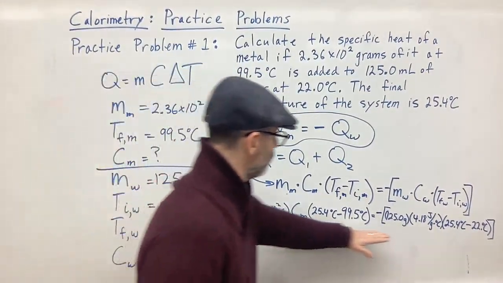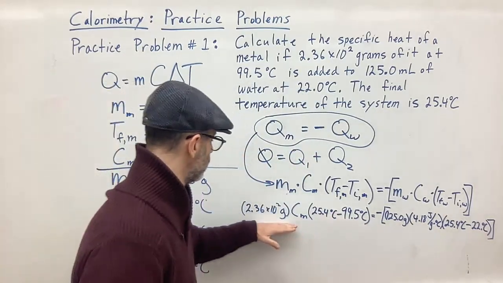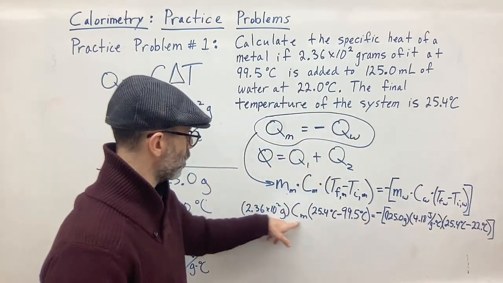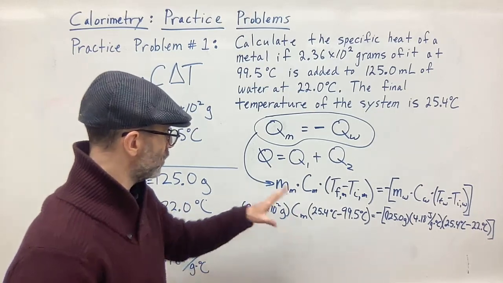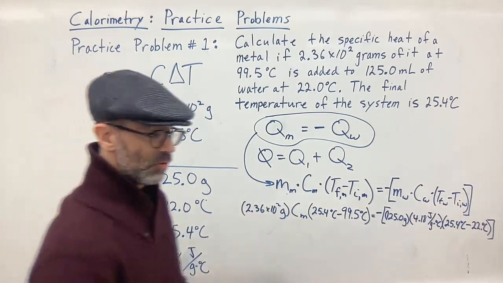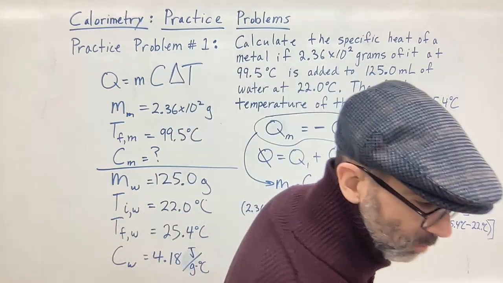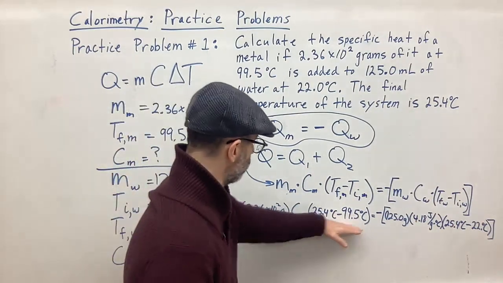So now I have it set up with the numbers. And now all I need to do is calculate and solve for the specific heat of the metal, right? Everything should cancel out. If you do the calculation right, you multiply both of these together.